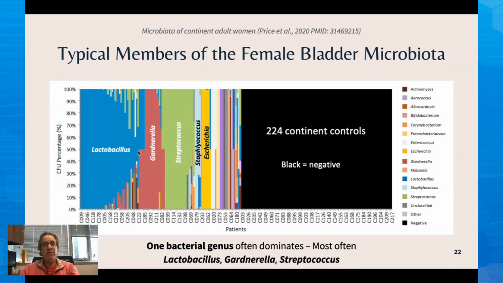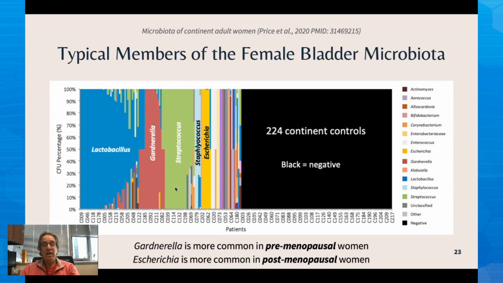And what you see here is that typically one bacterial genus dominates, and it's most often Lactobacillus, Gardnerella, Streptococcus, and so on. Okay. What we also found is that Gardnerella seems to be a genus of younger women that tends to be replaced by Escherichia, E.